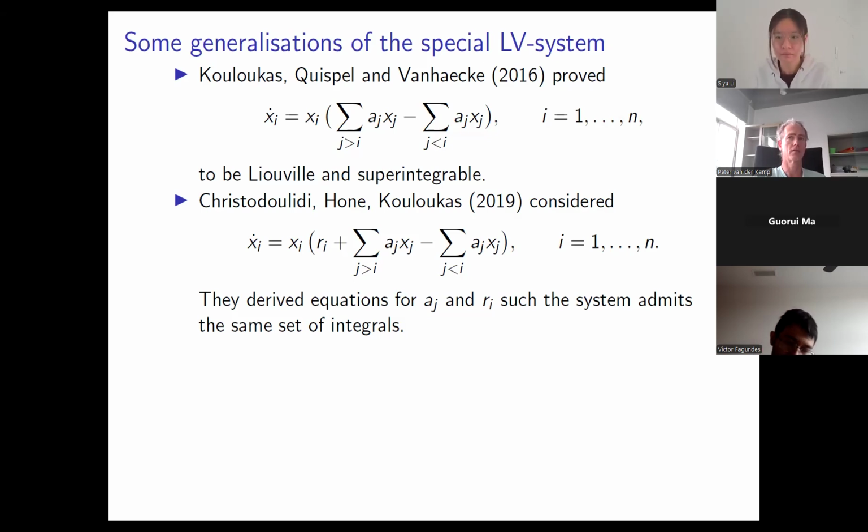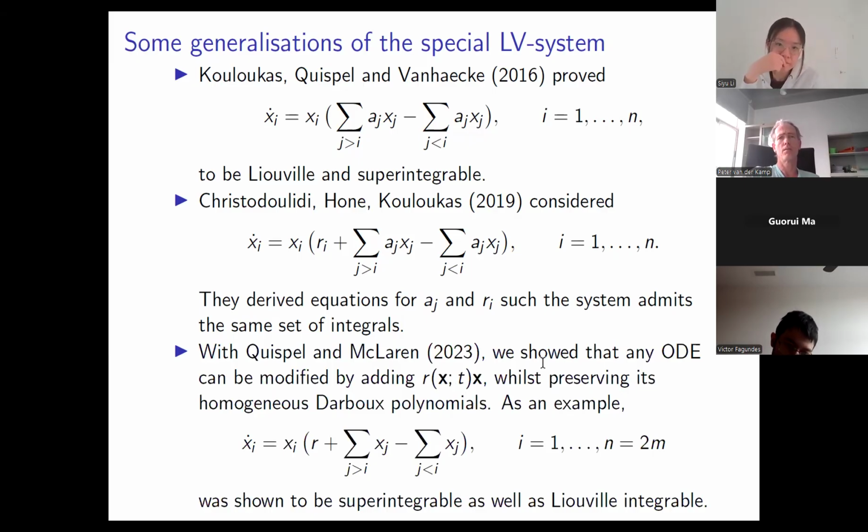Of course, this doesn't answer the full question, because you don't need to have the same set of integrals. You could have another set of integrals that also gives you integrability. So it's just a partial answer, but it gives a generalization of the system.